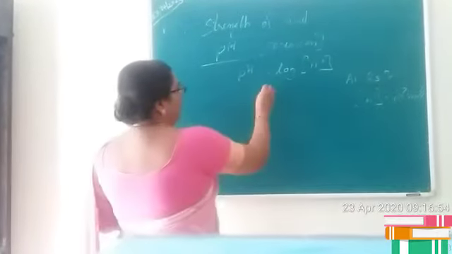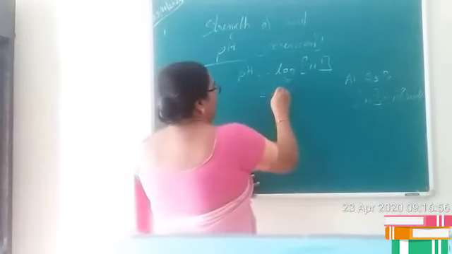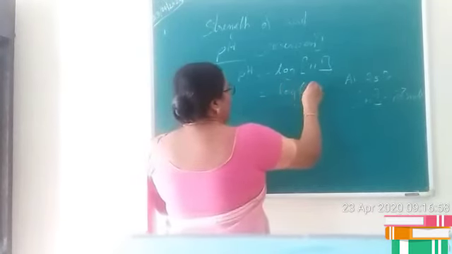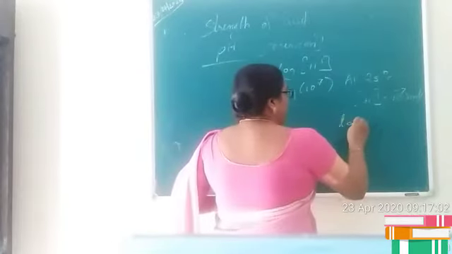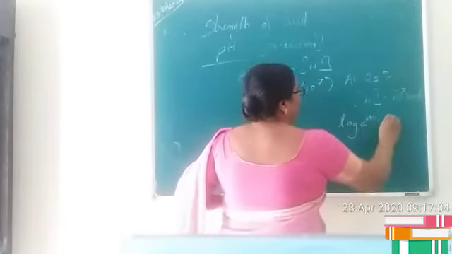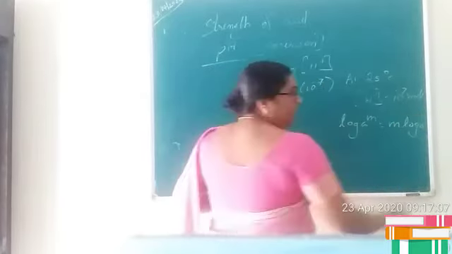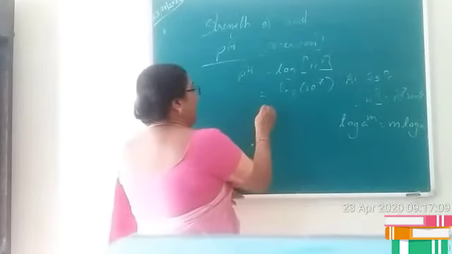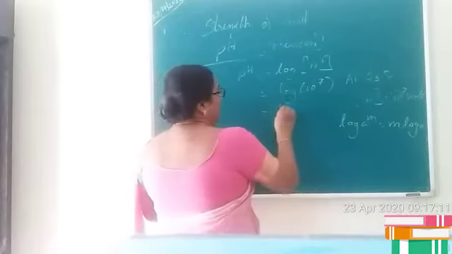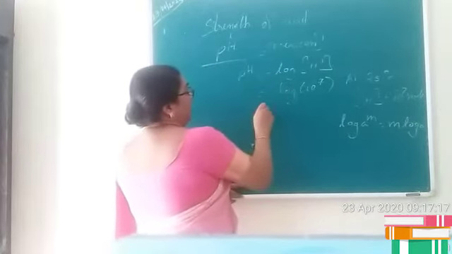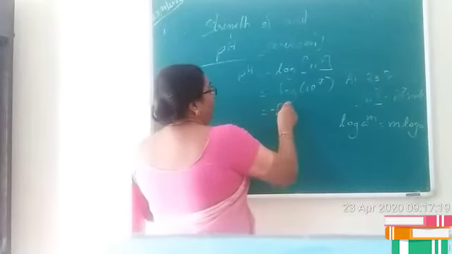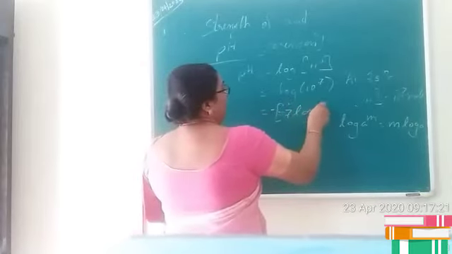So, if you substitute the values, you will get minus log of 10 raised to minus 7. Now, children, log A raised to M is equal to M log A. So if you substitute this formula, minus log 10 raised to minus 7 is equal to minus of minus 7 log 10.